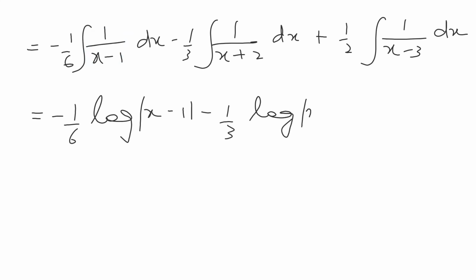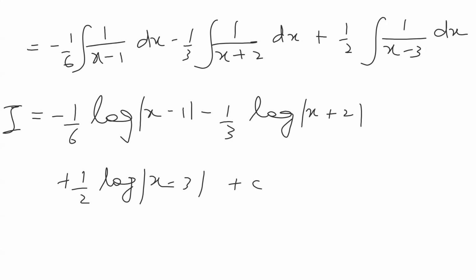Log mod x plus 2 upon d by dx of x plus 2, which is eventually 1, plus half log mod x minus 3 upon d by dx of x minus 3, which is 1. So this is your final answer. This is the basic problem of partial fractions type 1.